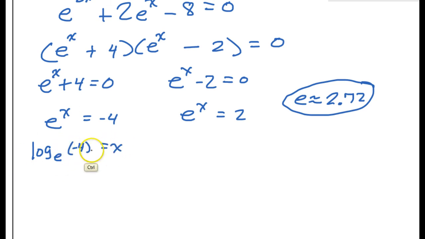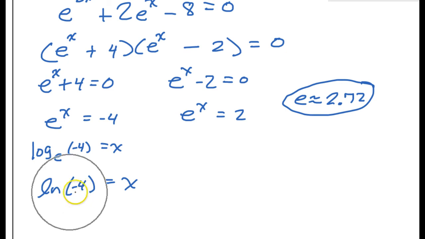That's how we normally would solve this. But what do we write instead of writing log base e? We write natural log. So this would be natural log of negative 4 is equal to x. And you cannot take the log of a negative number, or even 0 for that matter. So this is extraneous.